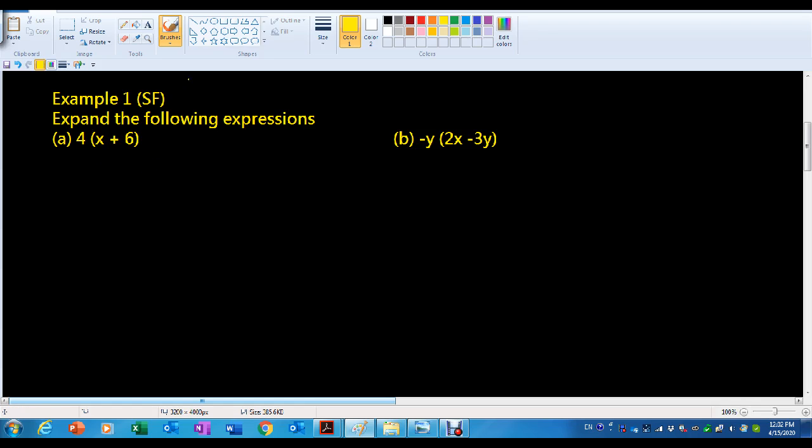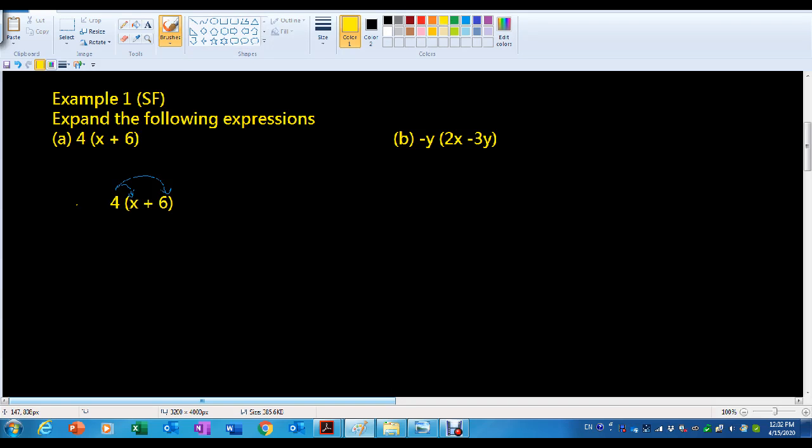In this case we are going to use the distributive law. Let's try this one. When we expand, you need to multiply the 4 to both terms in the brackets.